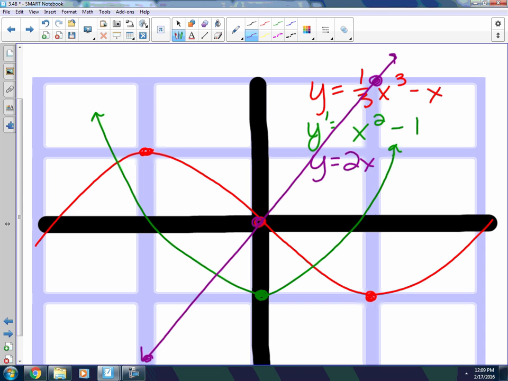Then we got to section 3.4, and we did the test for concavity. Okay, so what that tells us is when the second derivative is negative, the original is concave down. When the second derivative is positive, above the x-axis, the original is concave up.